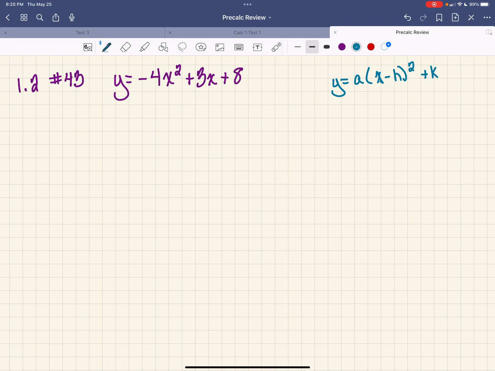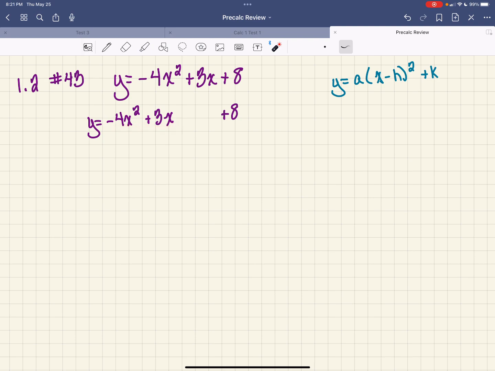So the first thing I'm going to do is take this 8 and separate it from this part right here. So I'm going to have y equals negative 4x squared plus 3x, and then plus 8, because I am going to complete the square of this part right here.